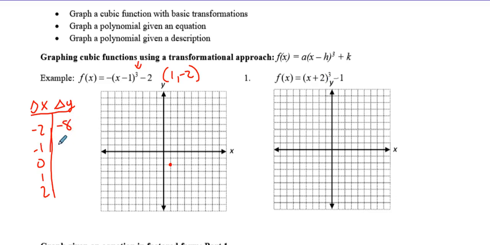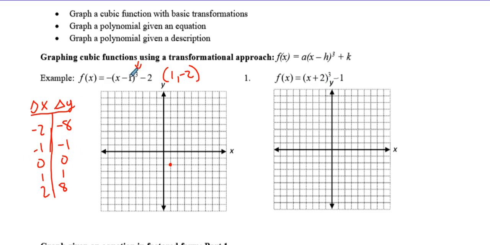Negative 1 to the third power would be negative 1. 0 to the third, 1 to the third, and 2 to the third. So that gives us what's happening from our key point. If I move backwards 2, I should go down 8. Backwards 1, down 1. That's our key point. Over 1, up 1. Over 2, up 8. So that's the delta movement.